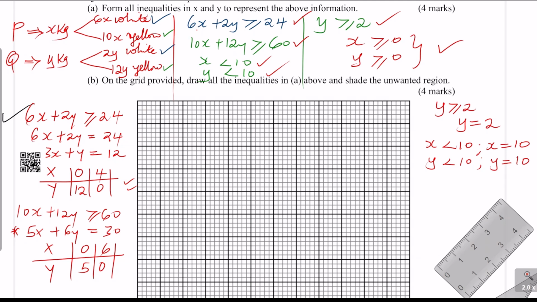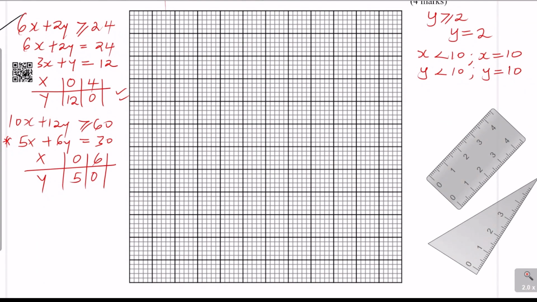When I look at these values, I can use a scale of 1 centimeter to represent 1. So let me go to the graph. Use the x and the y axis. So I have 0 here, then 1, 2, 3, 4, 5, 6, 7, 8, 9. And whether that one will fit, let me see, yeah, that one is okay.